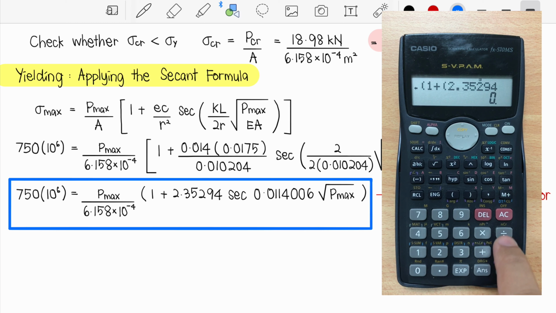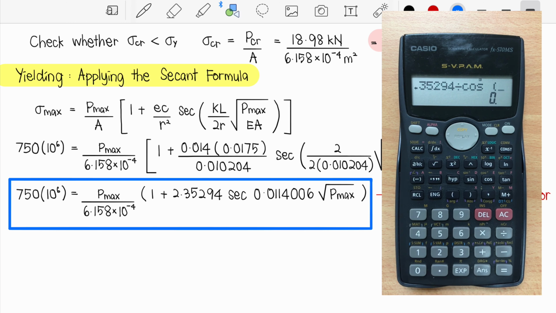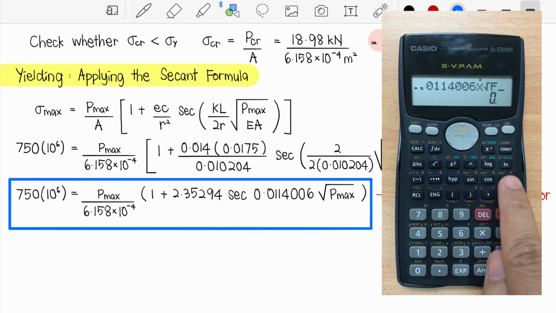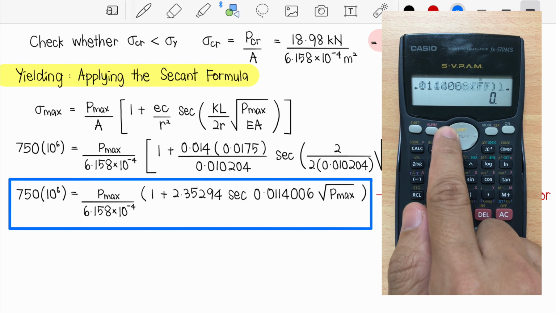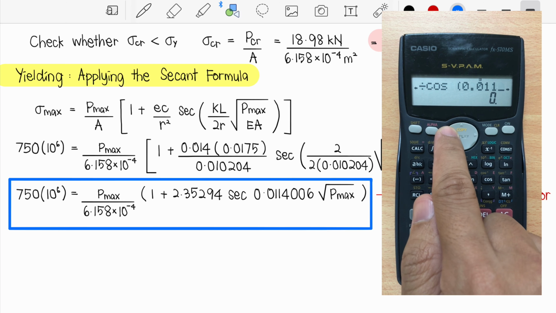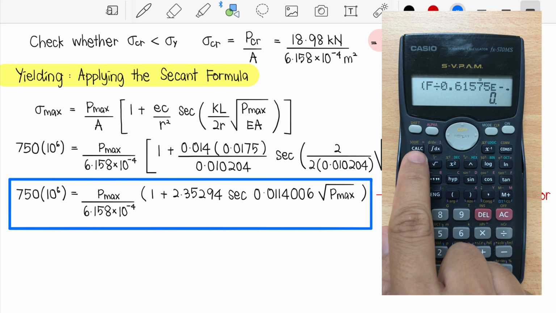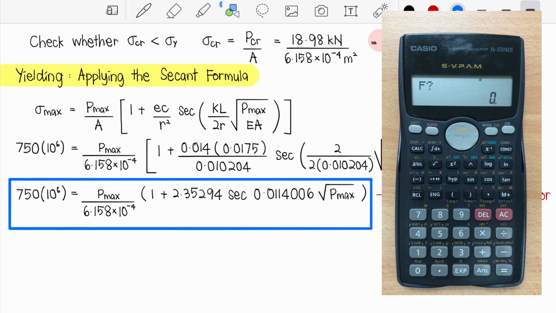Change second to cos. Insert a value for f, trial and error.